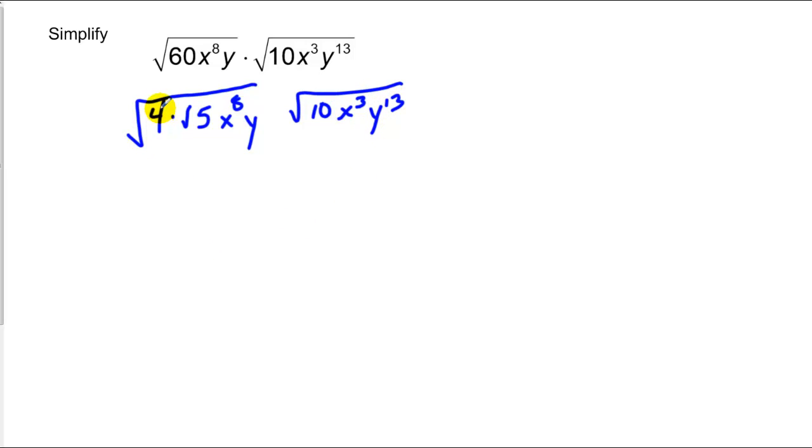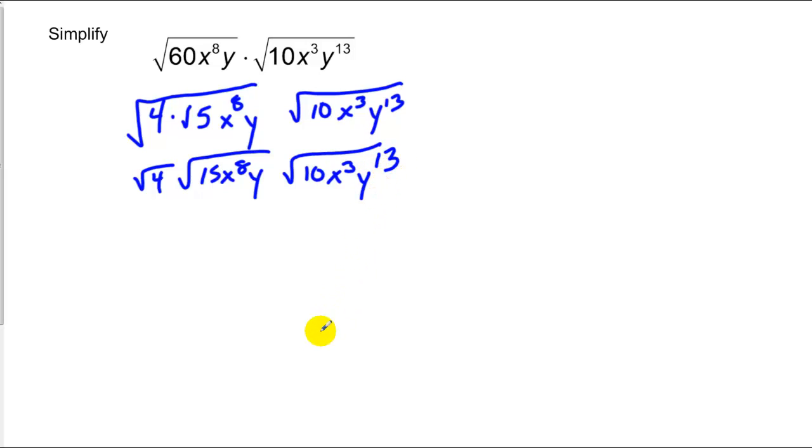So now I can break this apart, and that's going to be the square root of 4 times the square root of 15 x to the 8th y, and the square root of 10 x to the 3rd y to the 13th.